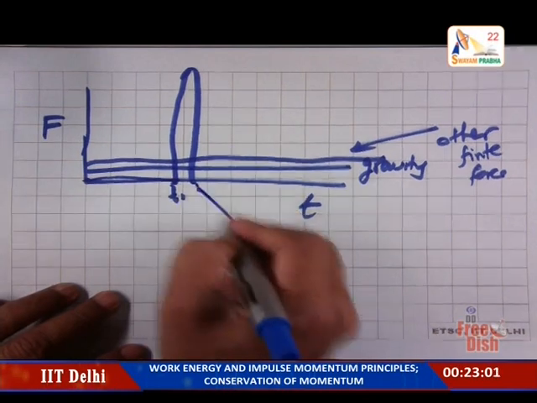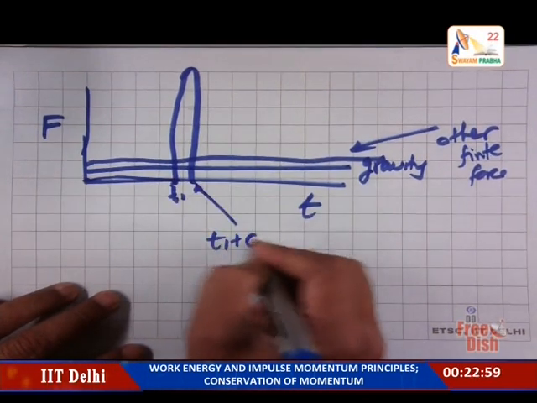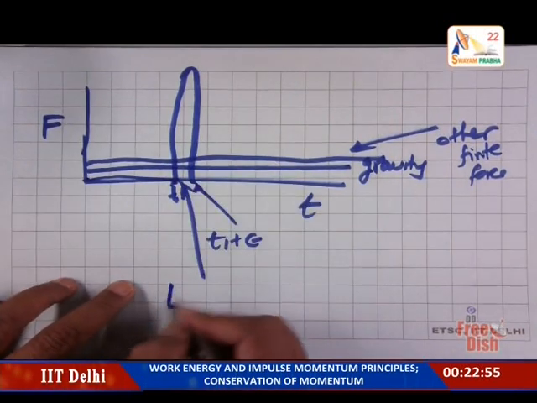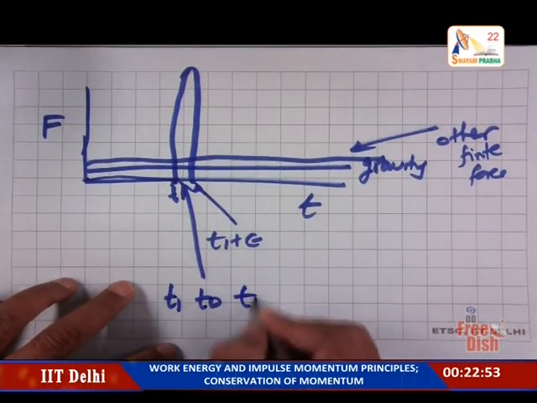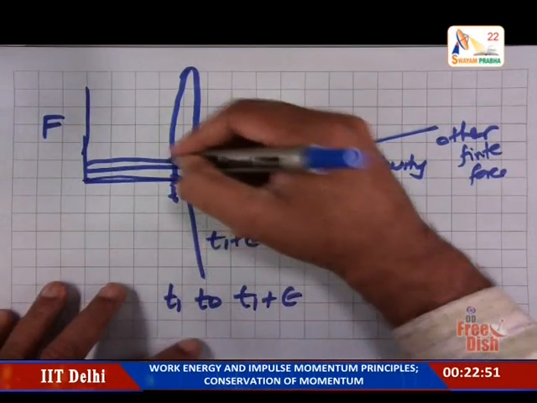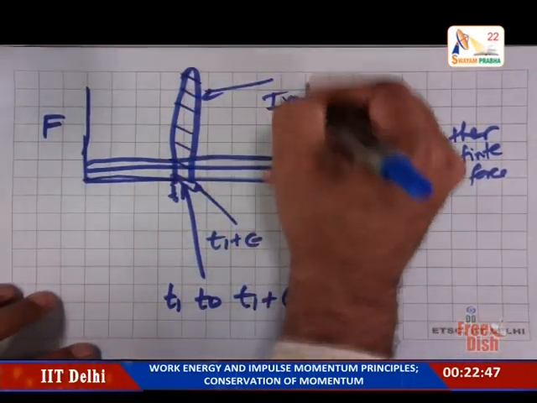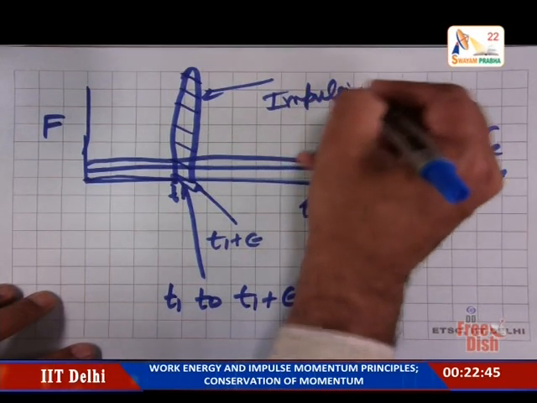So, this time is T1 plus epsilon. So, what we are saying is during this time period from T1 to T1 plus epsilon, only the effect of the impulsive force is counted.